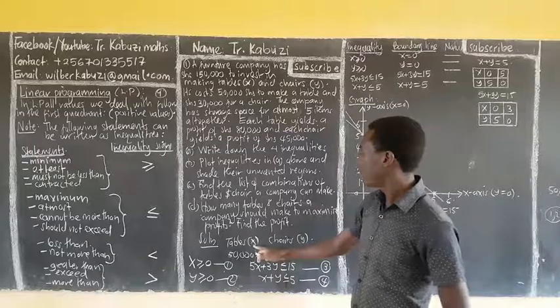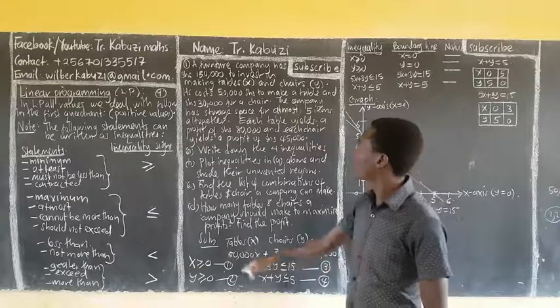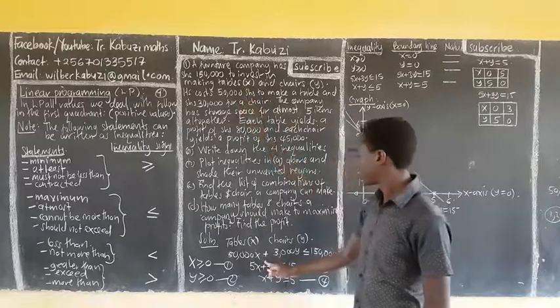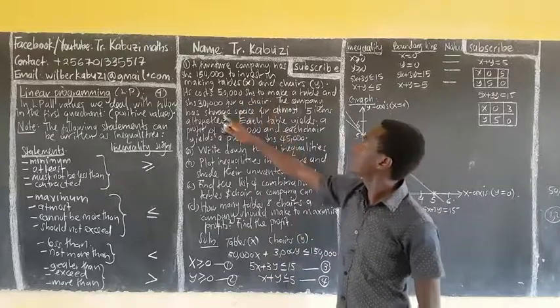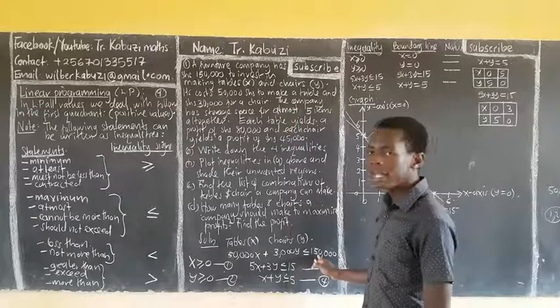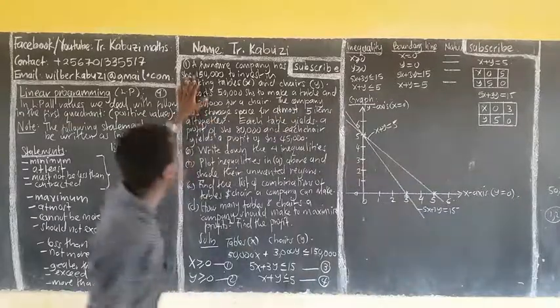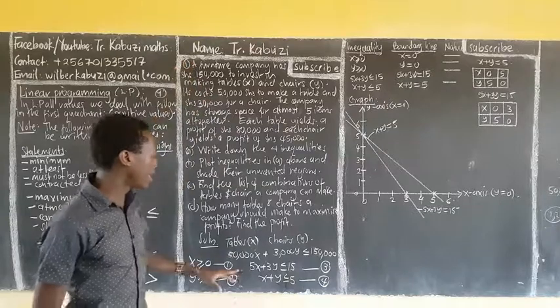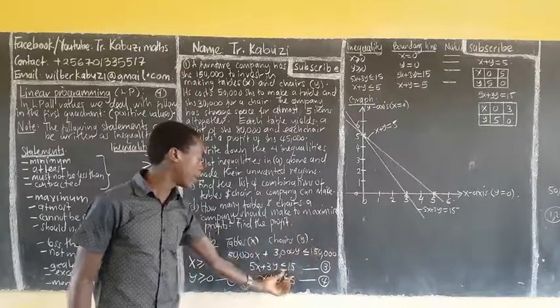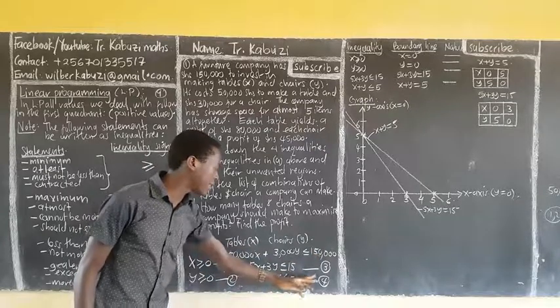That's why if tables are X and chairs are Y, you get 50,000 for making each table plus 30,000 for making each chair, and they should not exceed this amount, because it's the amount the company has. Then if you divide through by these 4 zeros, you get this. You simplify it. This one is equation 3. I'm going to come back to this.